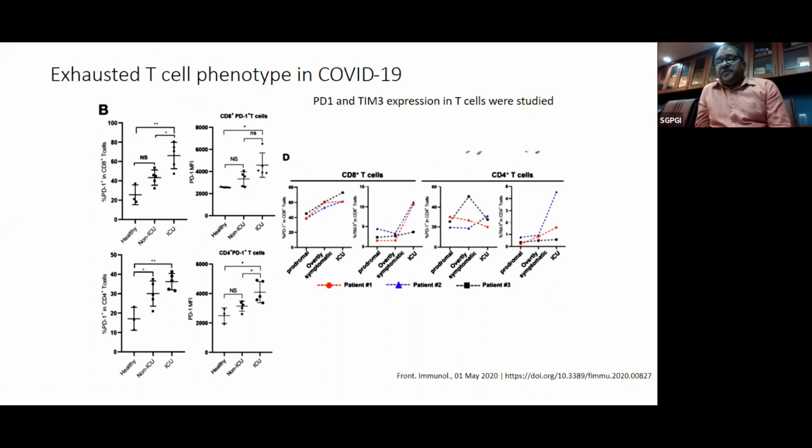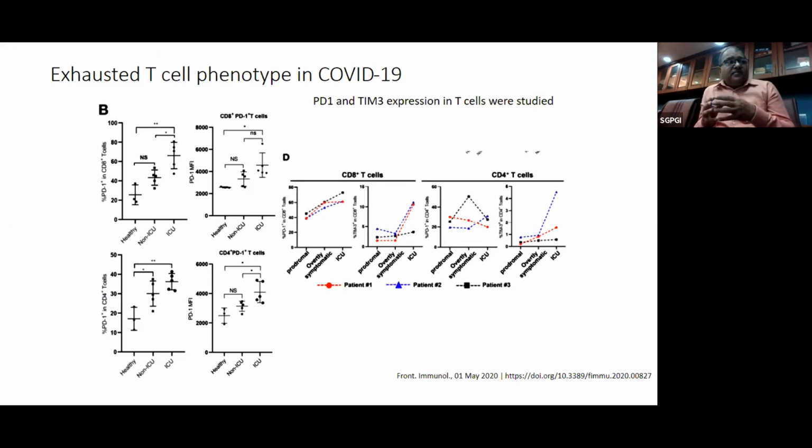Also, in this very paper, once the immune system gets signals that it has to stop now, these T cells, once they have become activated and now have to curtail their activity, will be expressing more of PD1, which is called programmed death 1, and TIM3.